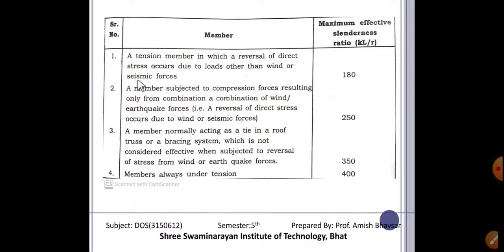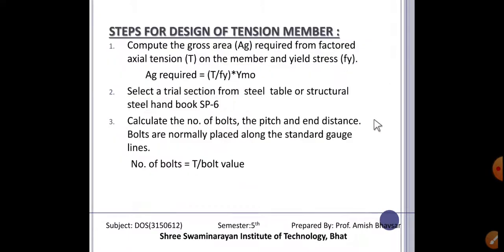This is the table. In this table they have given us how the slenderness ratio must be up to the limit. In the tension member we always take 180. This value is to be remembered by us. Now for the design of tension member, there are some steps we have to follow.